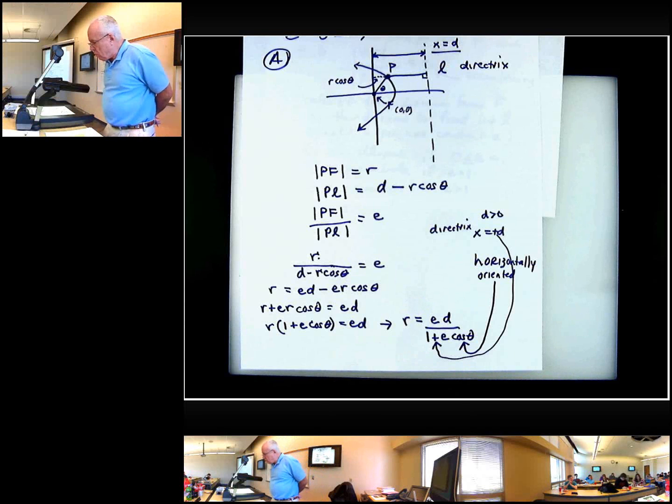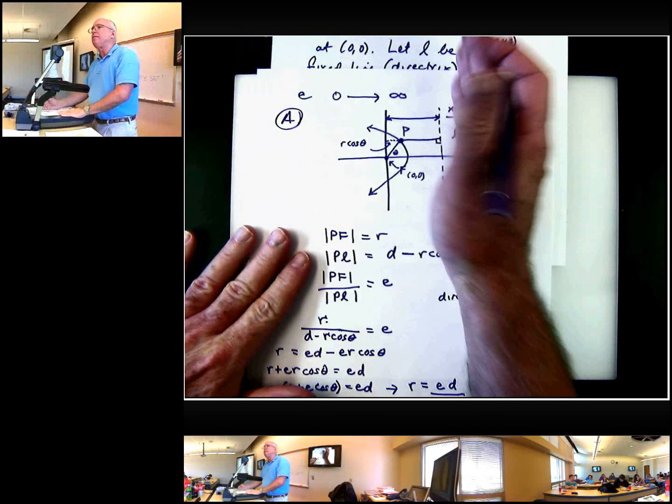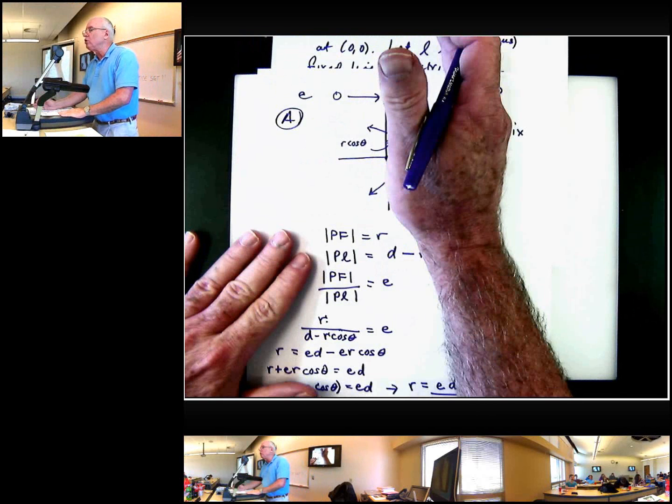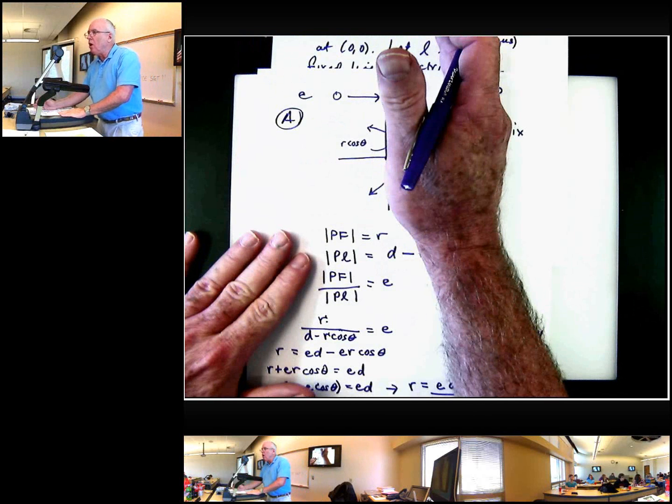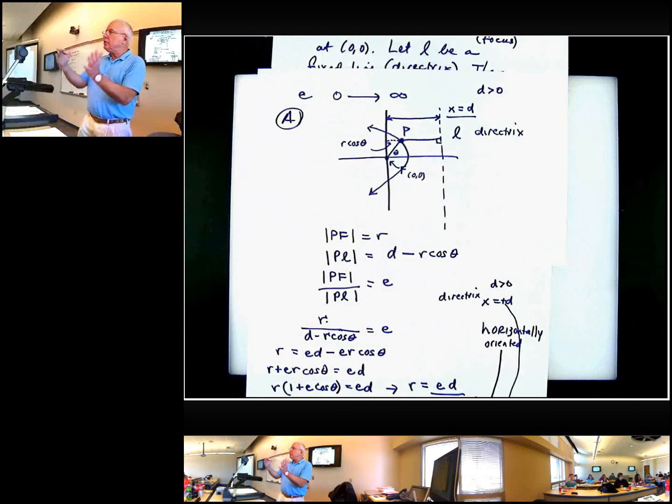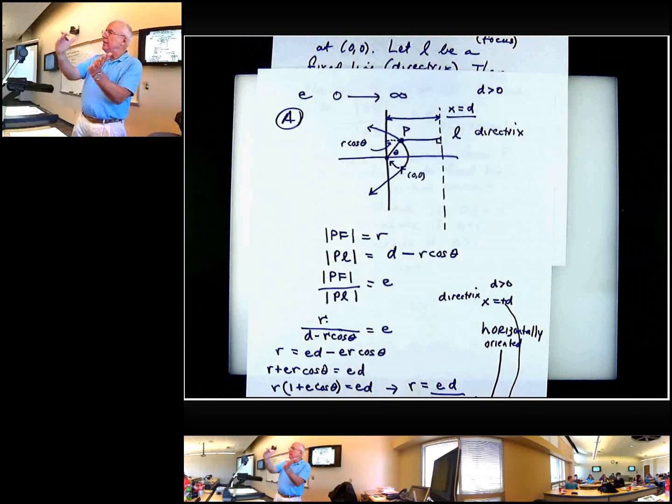Now, also, if our directrix is a positive valued vertical line, our conic section is going to be going in the other direction from that line.